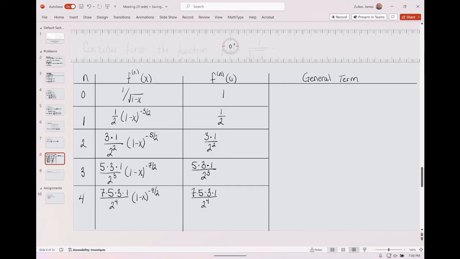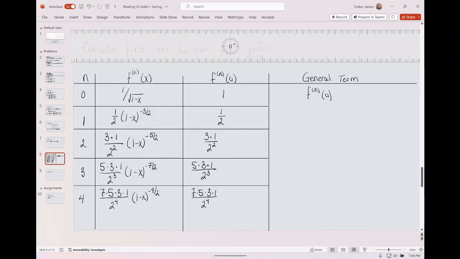If I were to ask you for the general term, could you tell me what it is? So again, that is, no, ignore the over n factorial. Just generally speaking, what would the nth derivative be at 0?